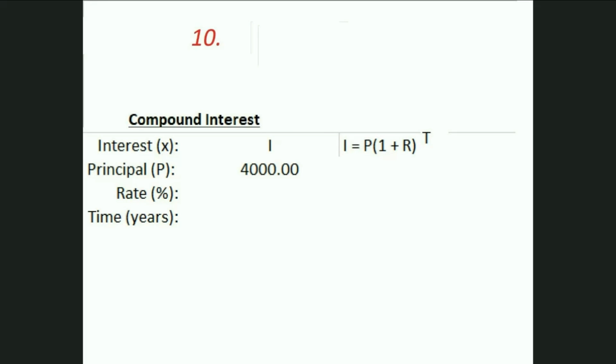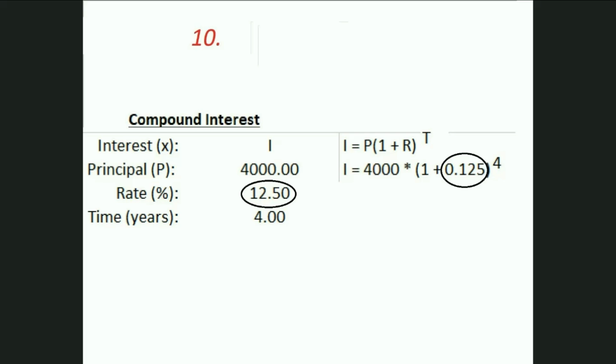Principal, $4,000. Rate, 12.5%. Time, 4, as in 4 years. So our formula stays the same. Interest equals principal times 1 plus the rate raised to the time. So our interest is 4,000 times 1 plus 0.125 raised to the fourth.